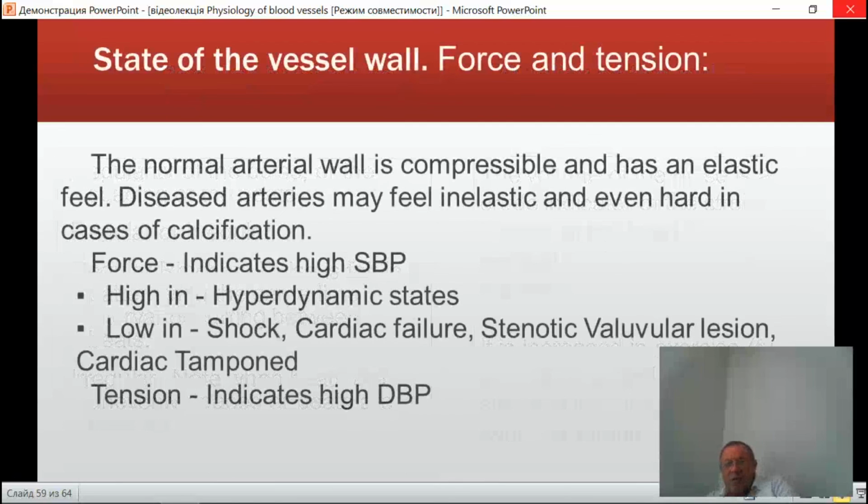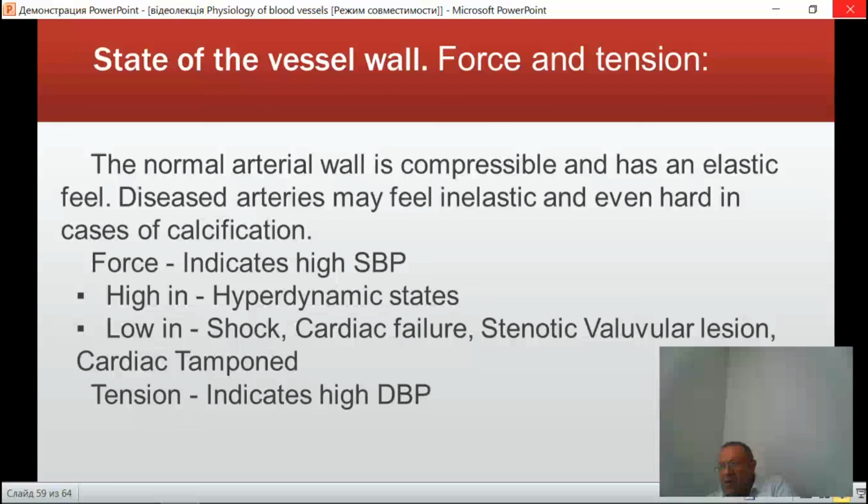State of the vessel wall, force and tension. The normal arterial wall is compressible and has an elastic feel. Diseased arteries may feel inelastic and even hard in case of calcification.